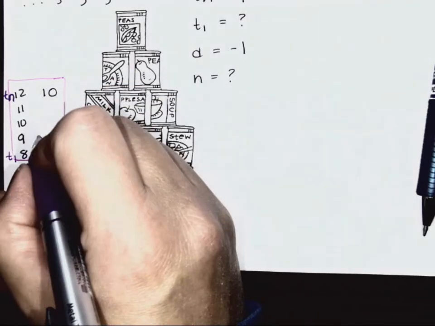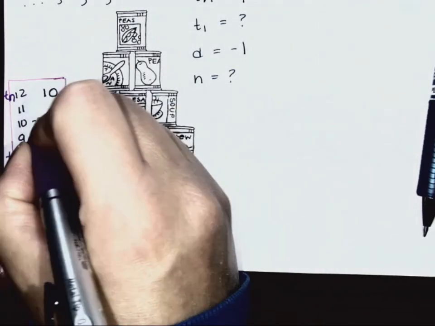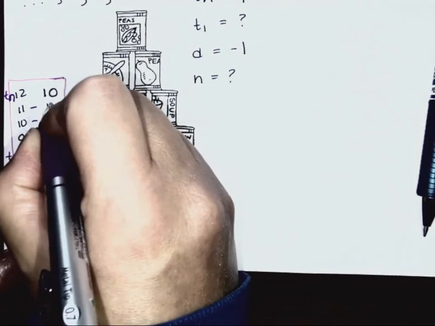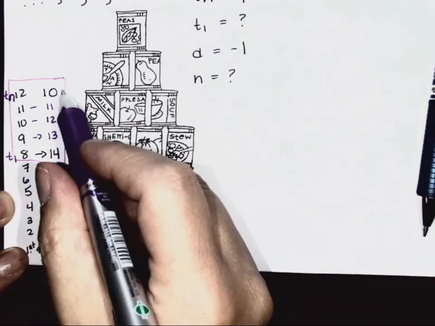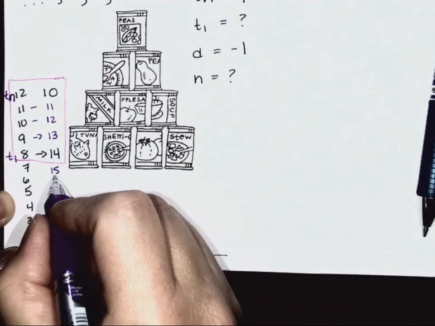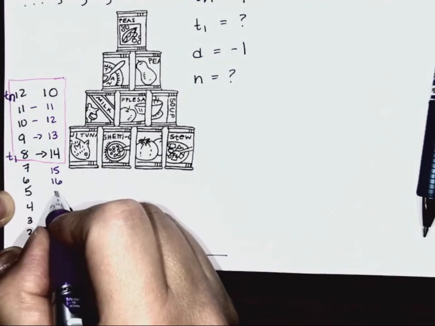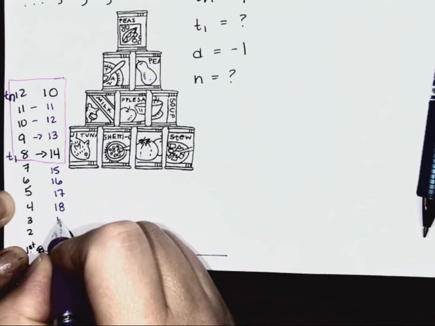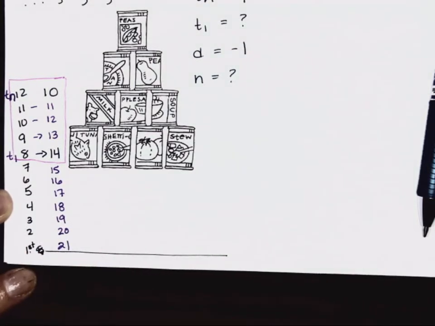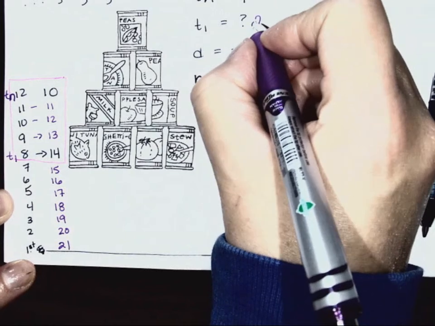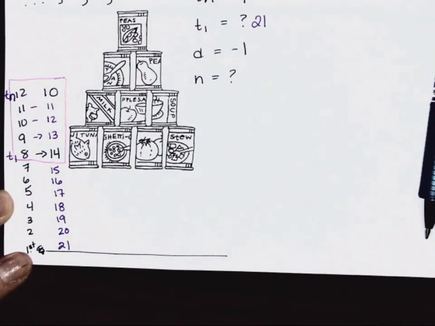So going up, we would say this one has 13, 12, 11, and then 10, right? Going up, we're subtracting 1. Going down means we'd be adding 1. 18, 19, 20, 21. So T1 is 21.